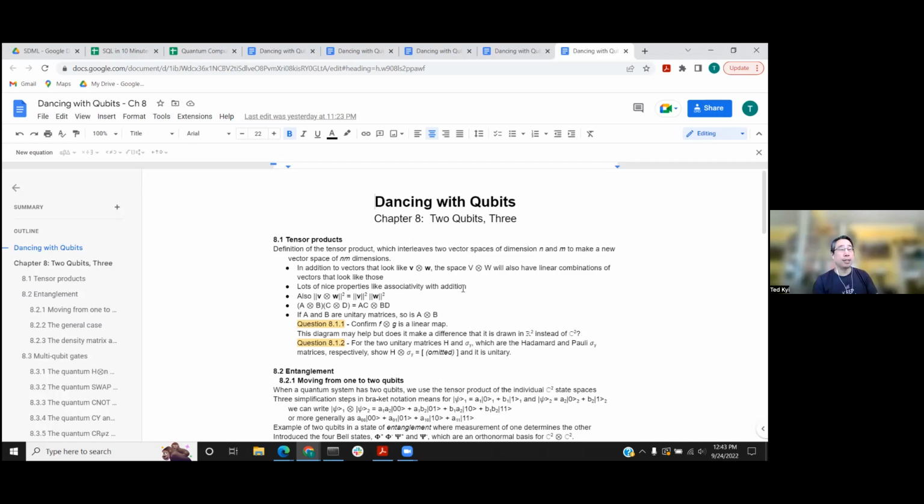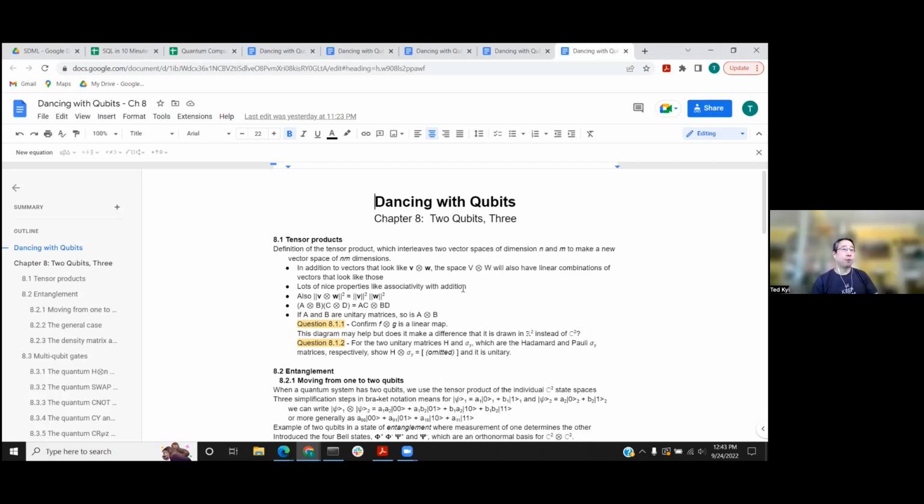So they introduce the tensor product notation and the idea that you're going to constantly multiply by the dimensionality of everything you add to the system. So if 3 qubits is an 8-dimensional system, and you take another 3 qubits, another 8-dimensional system, and you put all of those together into one system, you're not going to get 8, you're not going to get 16, you're going to get 8 times 8.